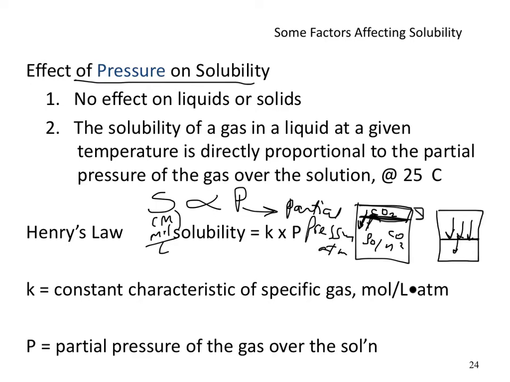So now if you remove the sign of proportionality, you have to introduce a constant of proportionality, which in this case is called Henry's constant. And this relationship, that solubility is a function of the partial pressure of that gas, is also called Henry's law.